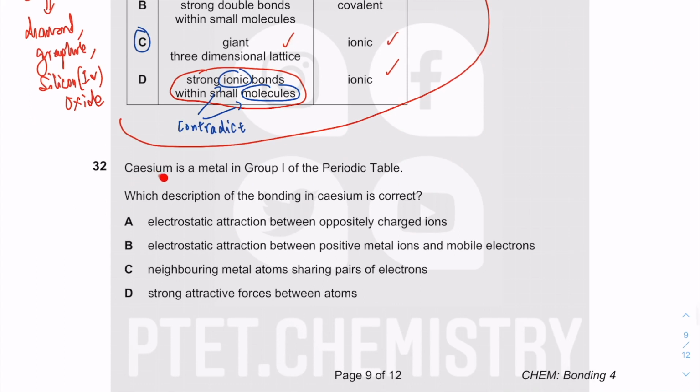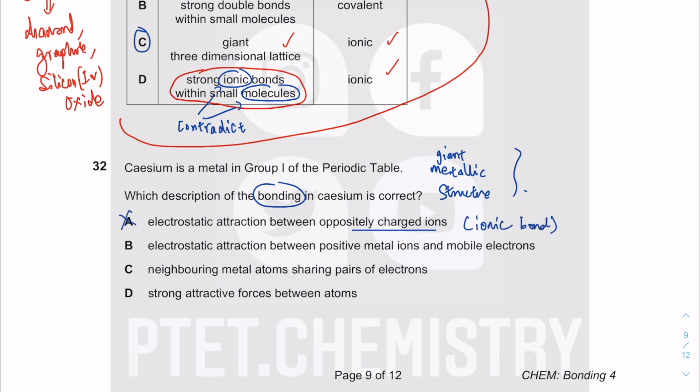Question 32, cesium. Cesium is a metal in group 1, so it has one outer shell electron. They already say it's a metal, so it's a giant metallic structure. And what else are they asking? They're asking about the bonding. So what about metallic bonding? Metallic bonding is an electrostatic force of attraction, not between oppositely charged ions, because that is for ionic bond.